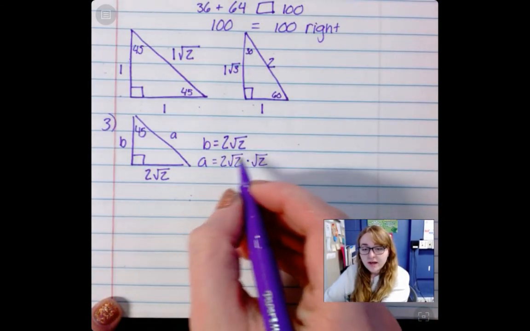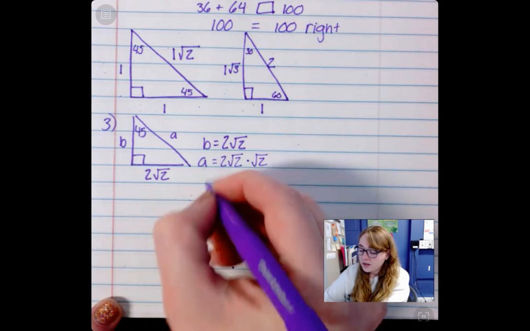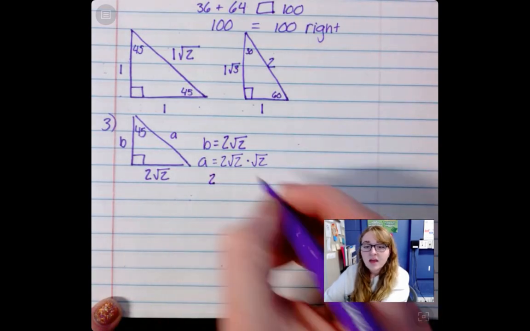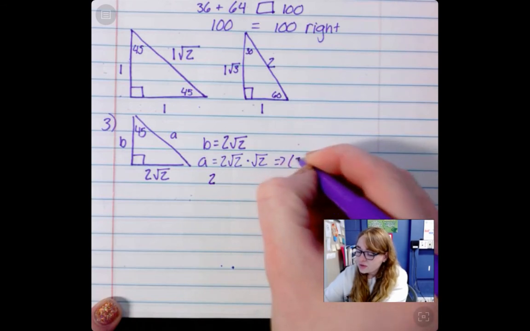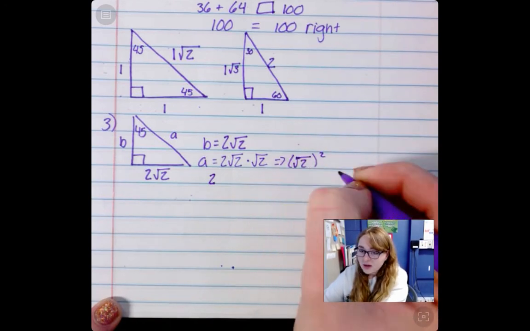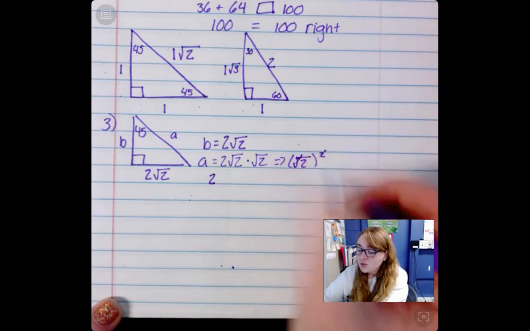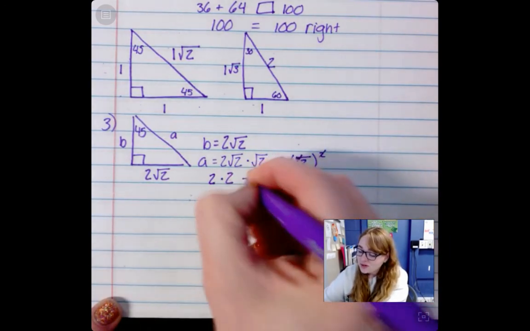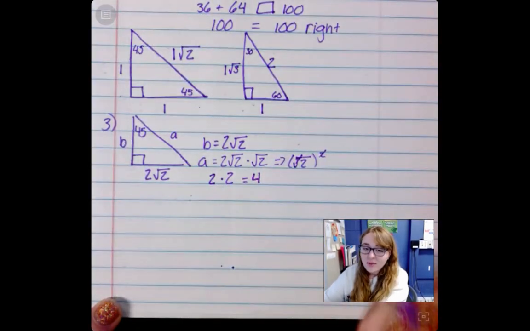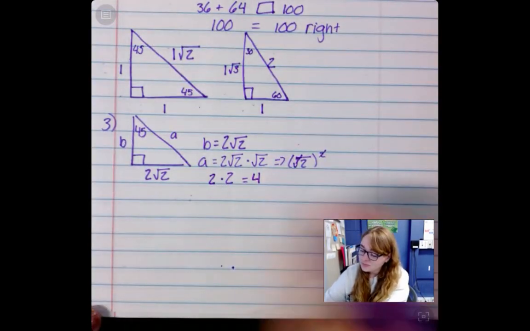So we have 2 times our unwritten 1 is going to give us 2. And then root 2 times root 2 gives us root 2 squared. And remember that the square root and the square cancel out, leaving us with just that 2. And 2 times 2 is 4. So our hypotenuse is 4 here.